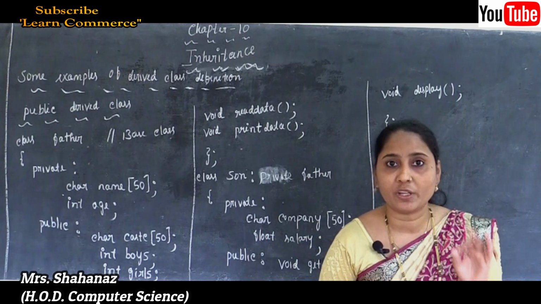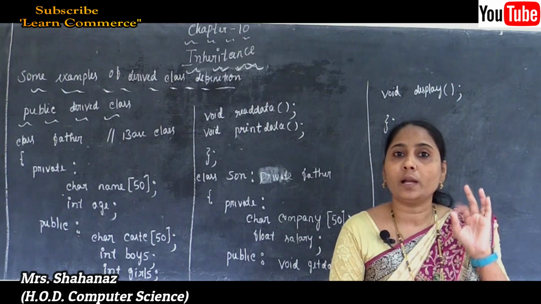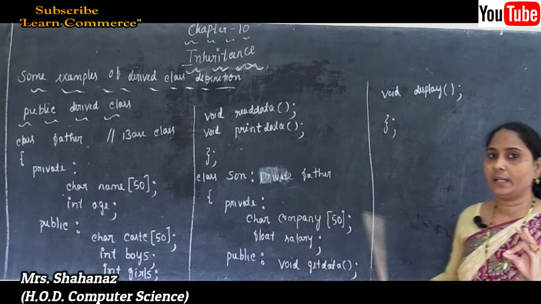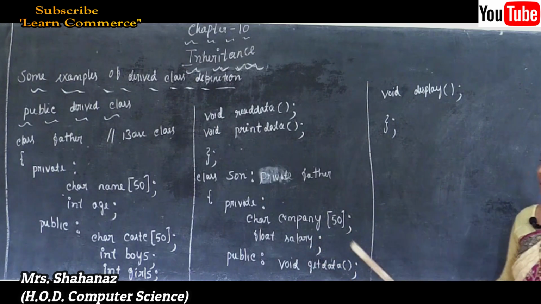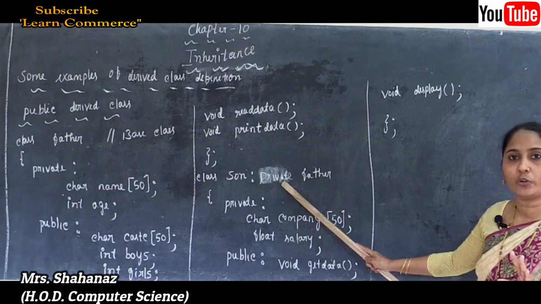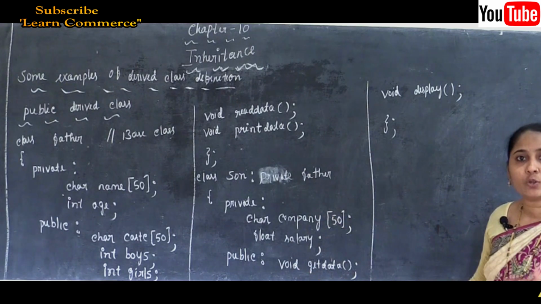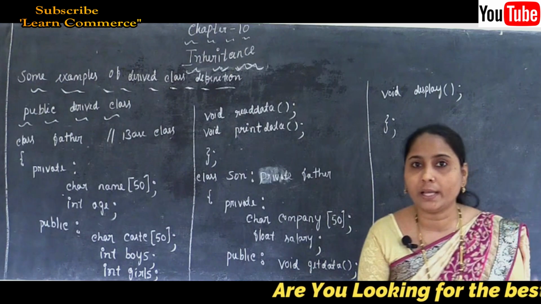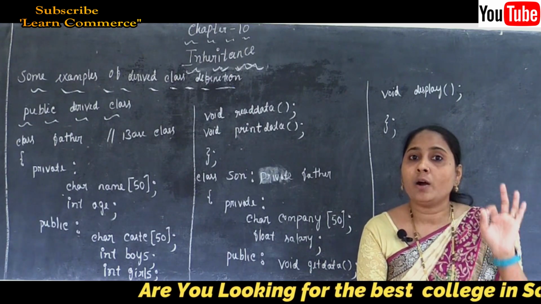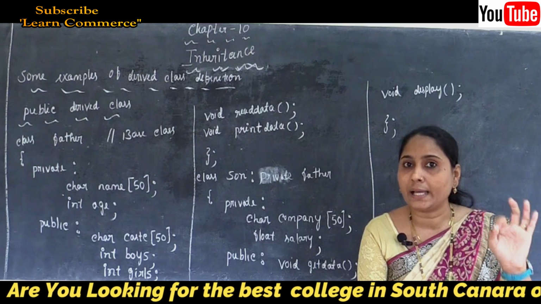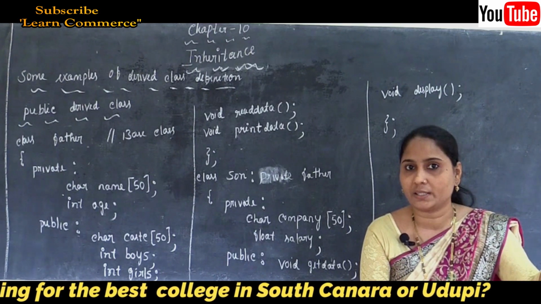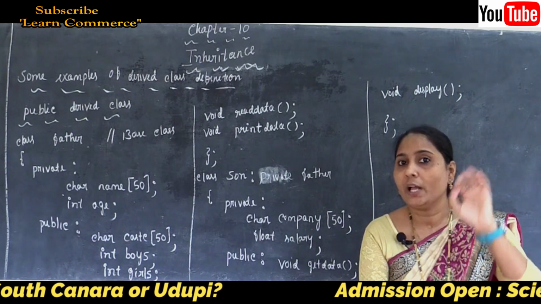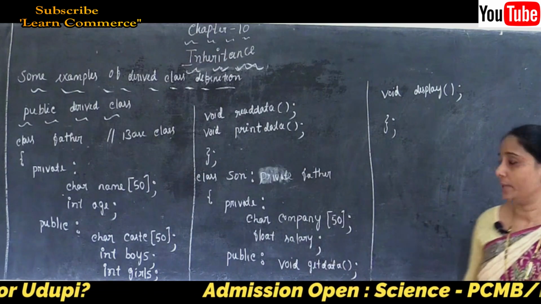But there are also some notes for public, private and protected. In this example I just want to tell the syntax, but later I will give some more explanation about why, because one note I already explained: all the members of the class are inherited except private. Clear this point here? And private is also called protected. So you should remember this.